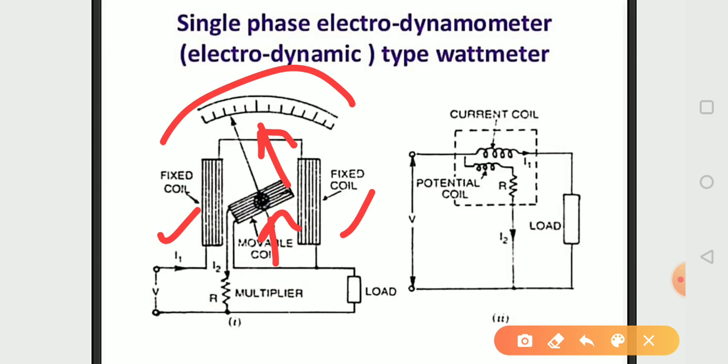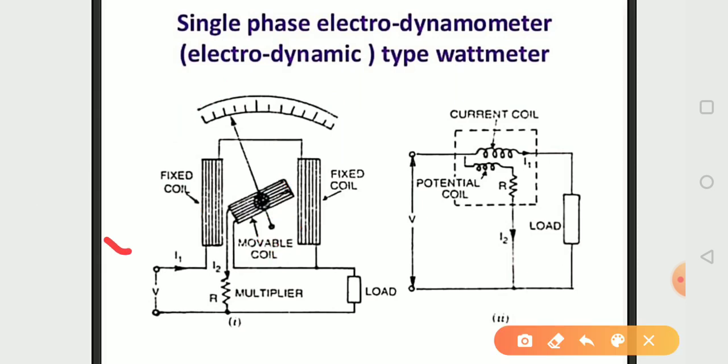Here the fixed coil is divided into two parts. These fixed coils are connected in series with the load. The fixed coil is also called the current coil.